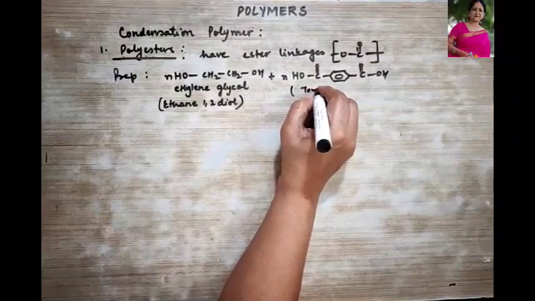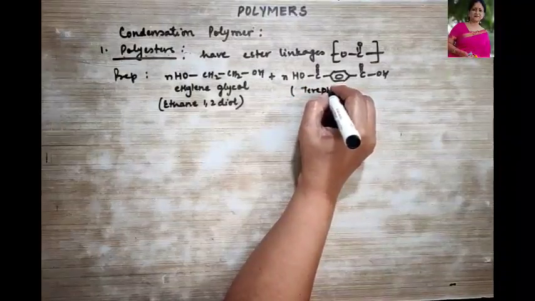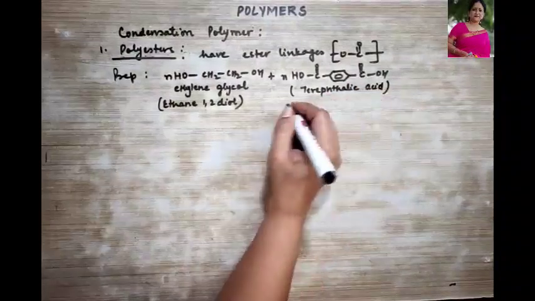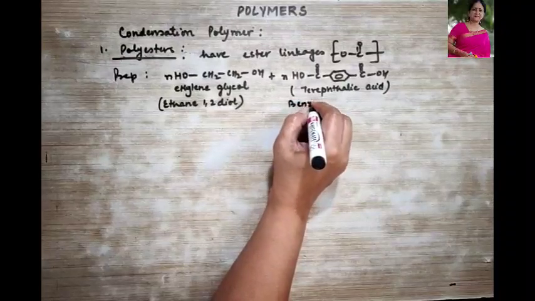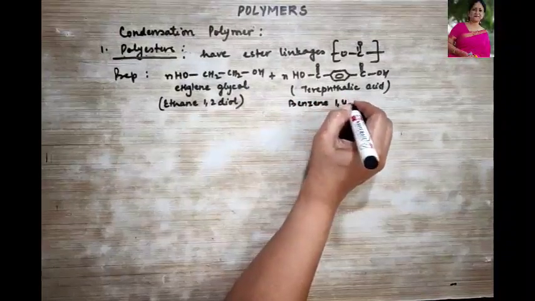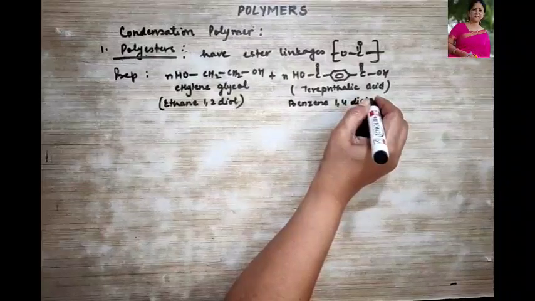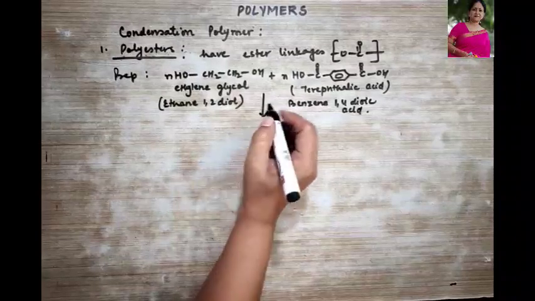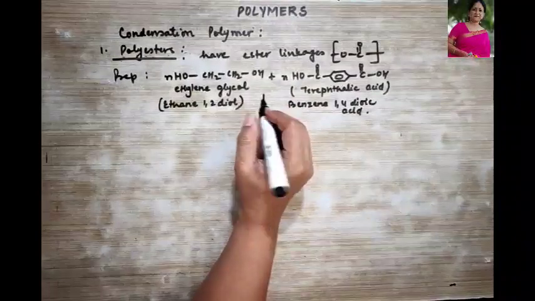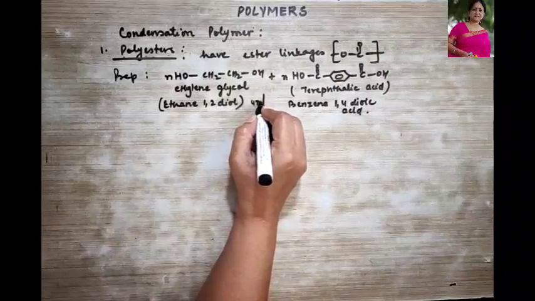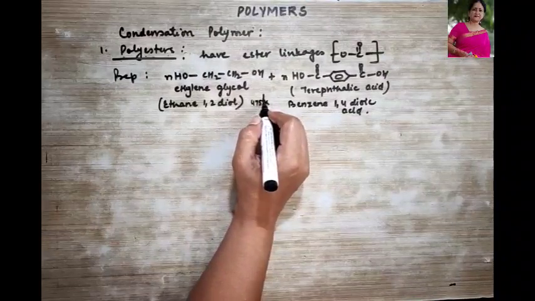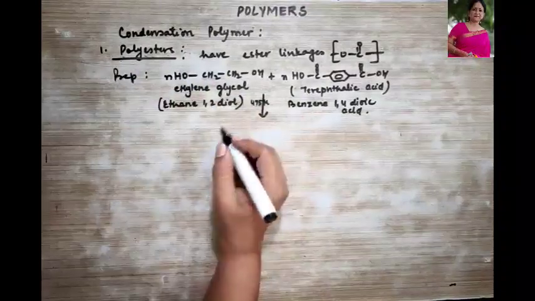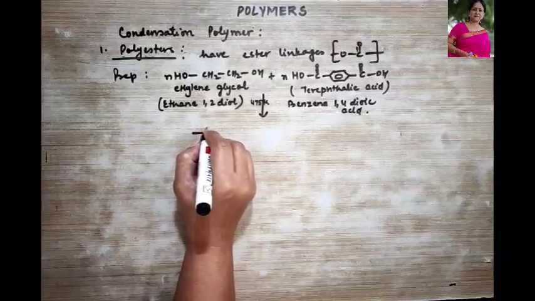This is your terephthalic acid, also called benzene 1,4-dioic acid. What does it give? As I told you, at 475 Kelvin it is going to give you terylene, or the polyester.